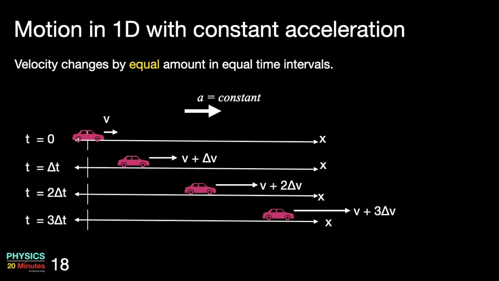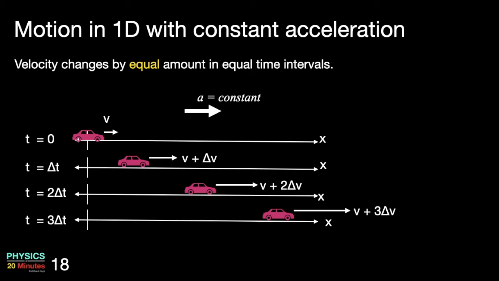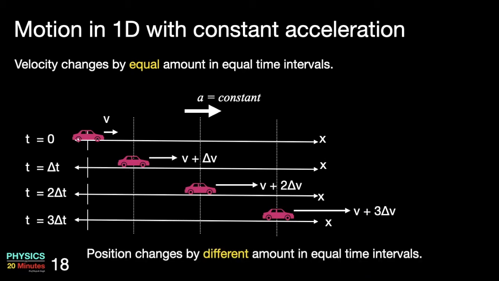If you take the next time interval, 3 delta t, the car's velocity will further increase by a similar amount. So the velocity increases in this case by equal amounts in equal time intervals. Just in case the car's velocity is decreasing with constant acceleration, then it will decrease by equal amounts in equal time intervals. Do notice that the position of the car changes by a different amount in each time interval.